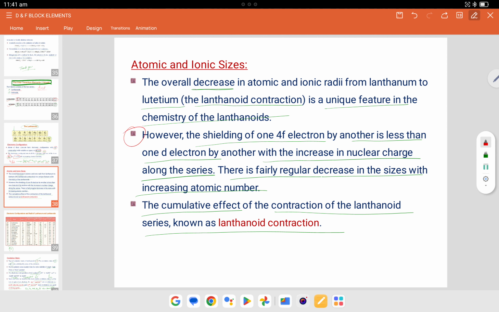However, the shielding of one 4f electron by another is less than that of d electrons with the increase in nuclear charge along the series. There is a fairly regular decrease in size with increasing atomic number, which is the regular trend. The cumulative effect of this contraction of the lanthanoid series is known as lanthanoid contraction.